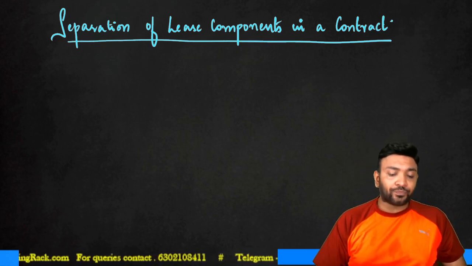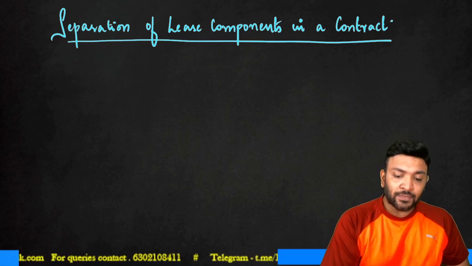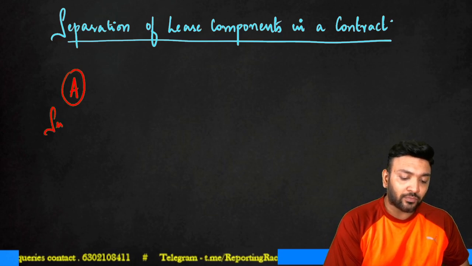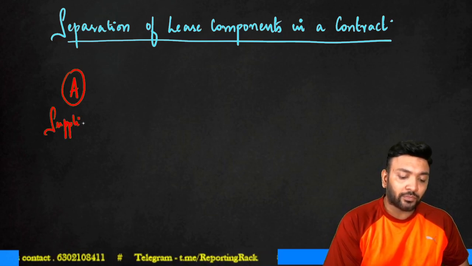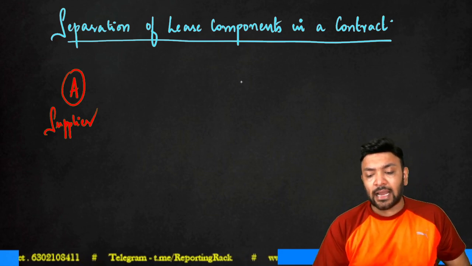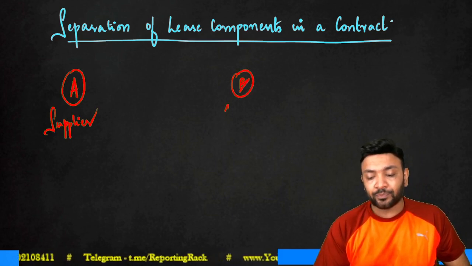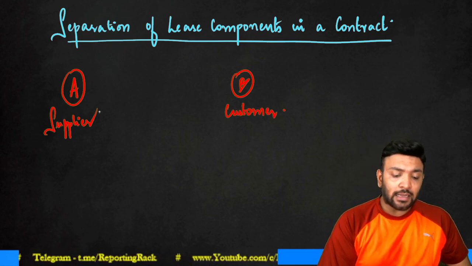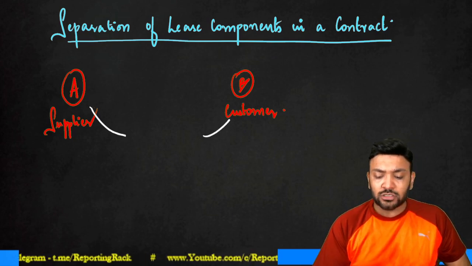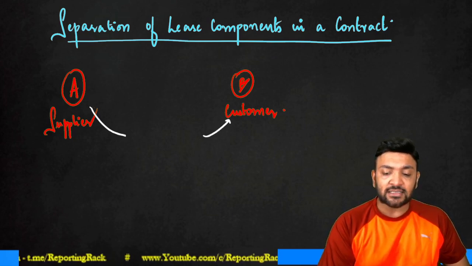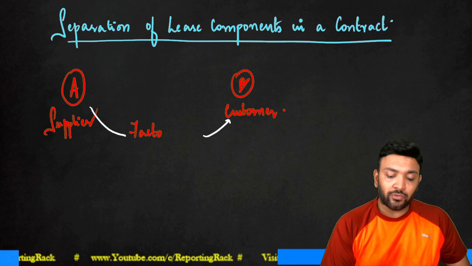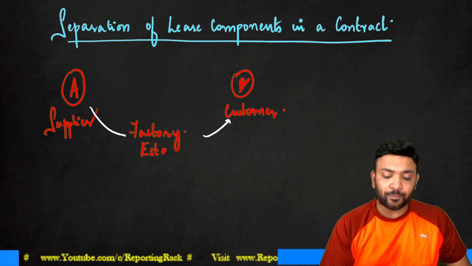For example, there is a supplier A. The supplier has given to the customer B a right to use a factory premises, or factory establishment.